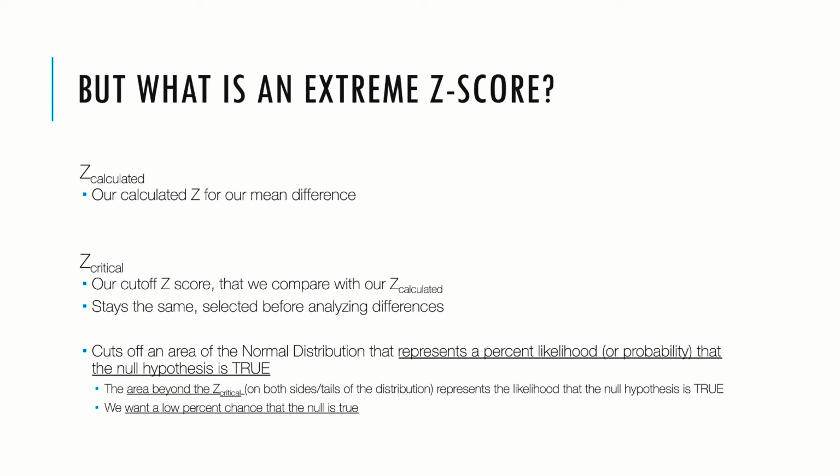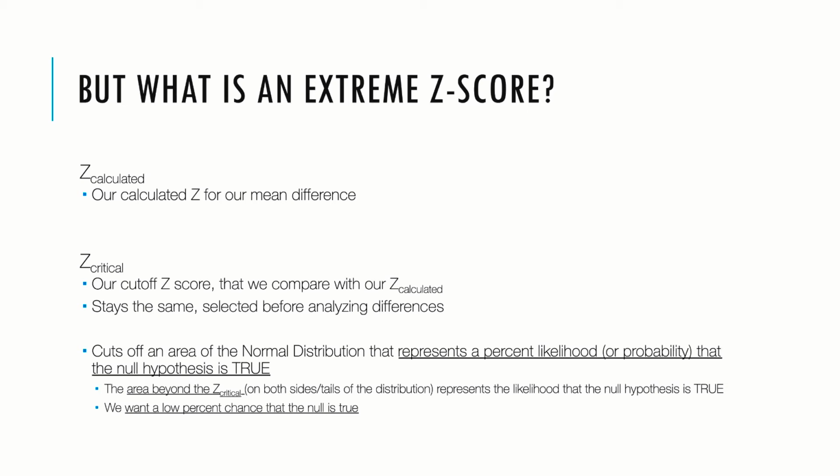Again, think about that distribution. You want to get to the finish line, you want to cross it. Once you cross that finish line, we're in extreme territory, it's enough evidence against the null. If you made it less extreme, that's an easier race to run, right? What this z-critical does is it cuts off an area of that standard normal distribution that represents a % likelihood that the null hypothesis is true.